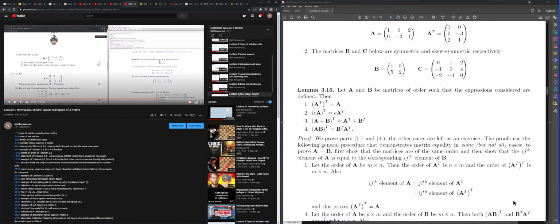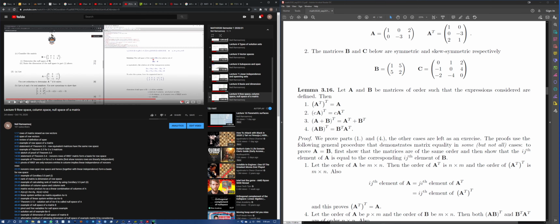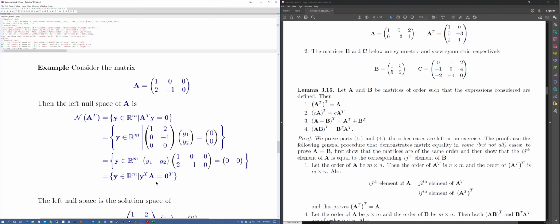In this case, you're looking for vectors on the left hand side, so that if you find a solution, this solution times your original matrix A over here gives you the 0 vector. So that's an idea of why you call it left null space.